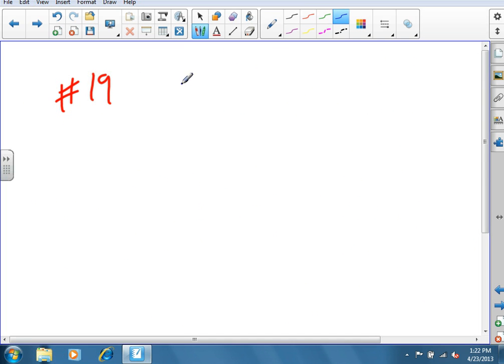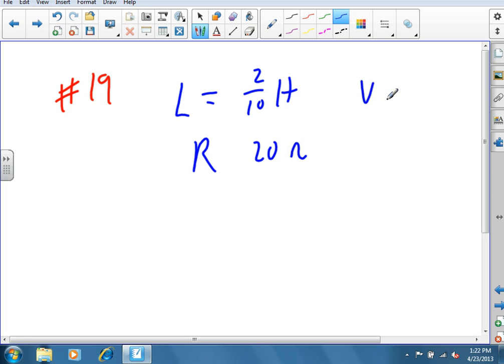Okay, so we have an inductor, 2/10 of a Henry. We have a resistor, 20 ohms. We have voltage, 12 volts. We have I at 0 equals 3.